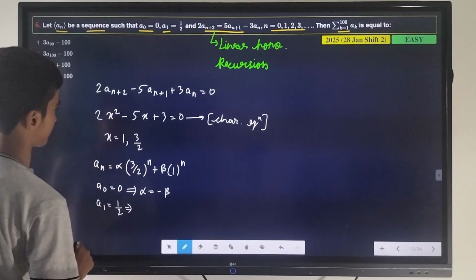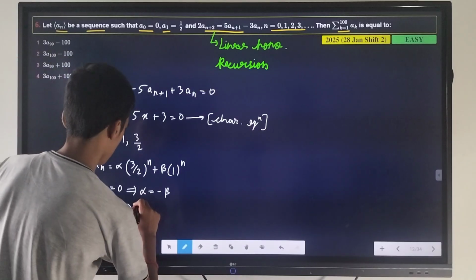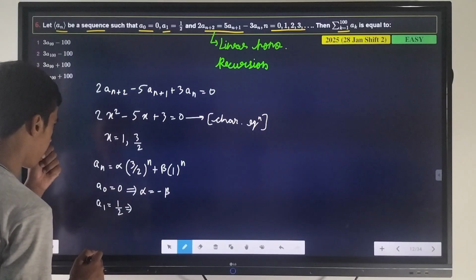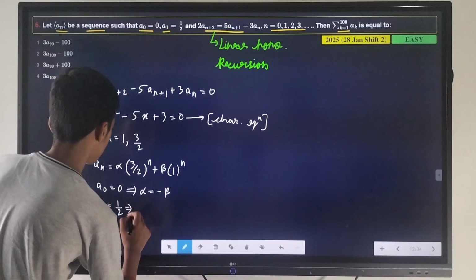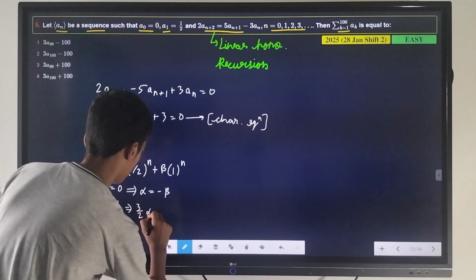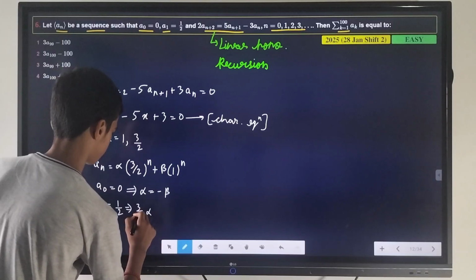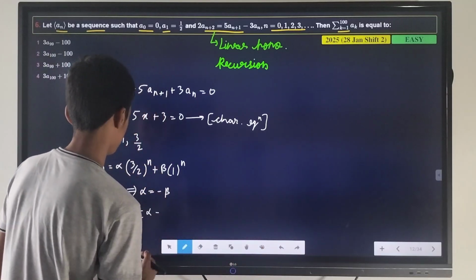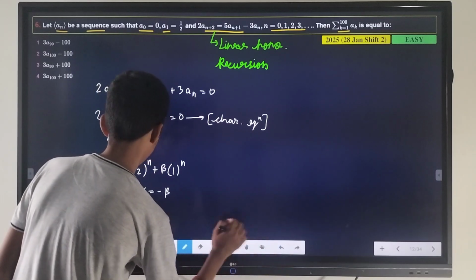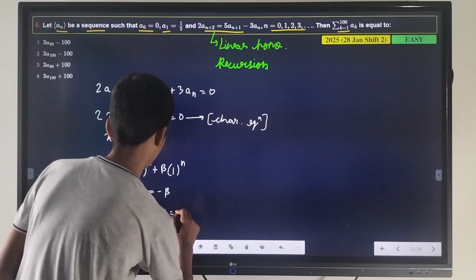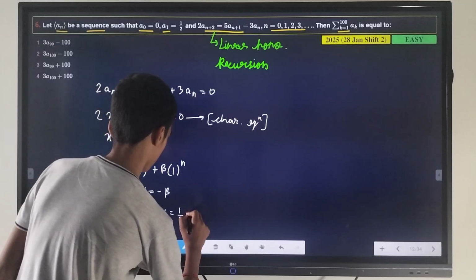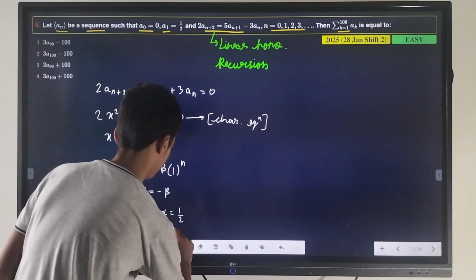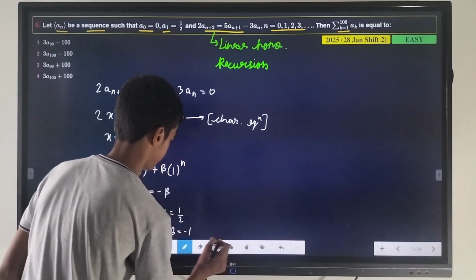From here we will get half is equal to 3 upon 2 alpha minus alpha. You can say beta as minus alpha, is equal to half. So from here alpha is equal to 1. Alpha is equal to 1, then beta is equal to minus 1.